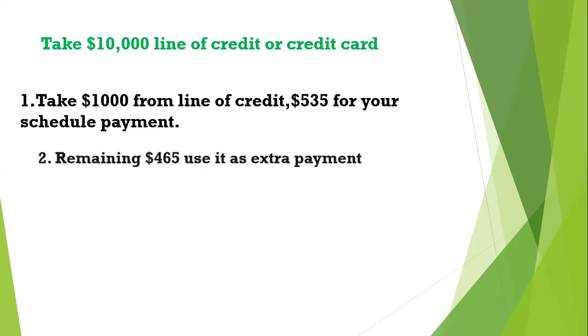And the remaining amount you will use as extra payment. Now, the amount that you are paying to the student loan can now go direct to your line of credit. But at least you're always paying $1,000 every month, right? So this one will really reduce your student loan in no time.